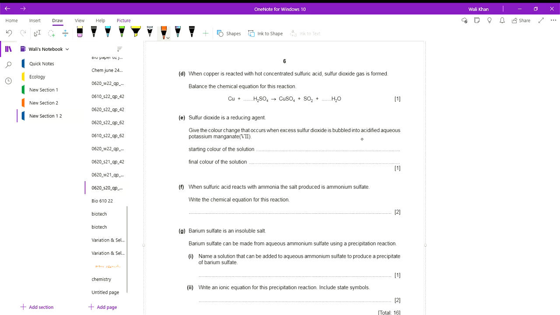When copper is reacted with hot concentrated sulfuric acid, sulfur dioxide gas is formed. Balance the chemical equation for this reaction. So you have to balance the equation: copper plus sulfuric acid gives copper sulfate plus sulfur dioxide and water. Basically we balance where the blanks are. We first consider the oxygen. On the product side it is 4, 5, 6 and 7, and on the reactant side it is 4.